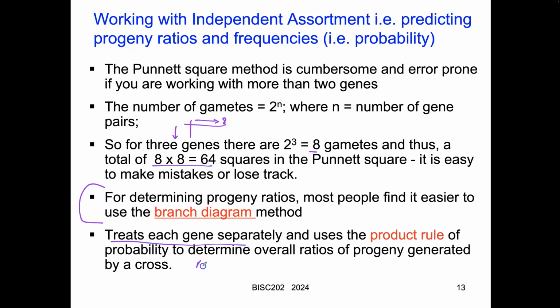So if you're crossing, say this is a plant, and you're self-fertilizing this or something, then you look at the outcomes for gene A, and then you look at the possible outcomes for gene B, and then the possible outcomes for gene D, and you use the product rule to multiply those probabilities.